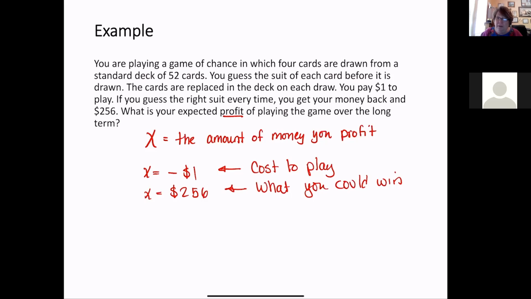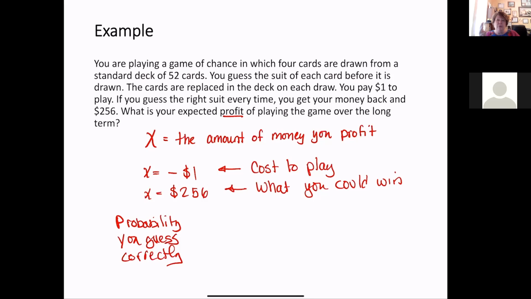So the probability that you guess the suit correctly. Okay, so in a deck of cards, there are 4 suits, 13 cards each.